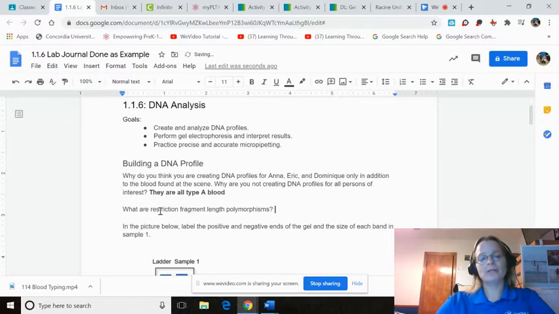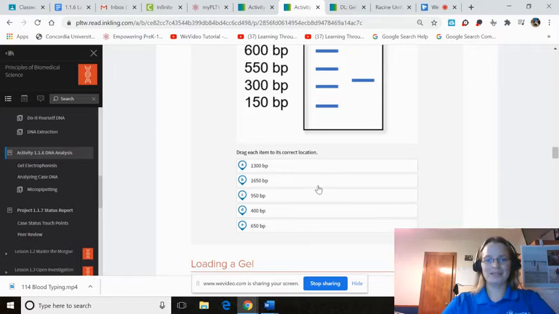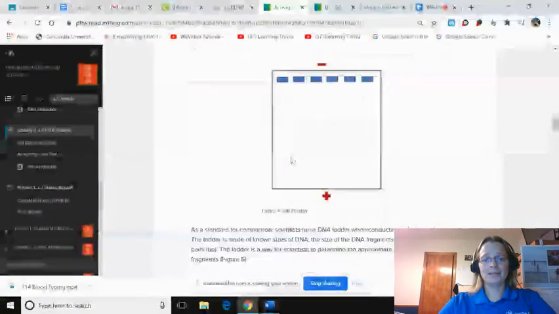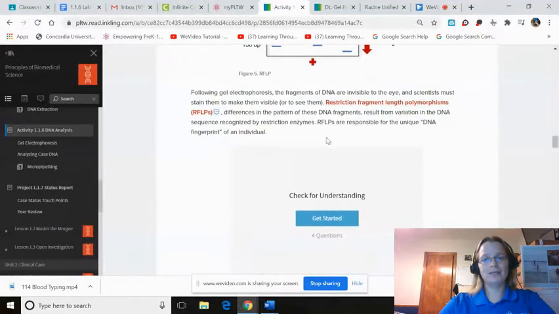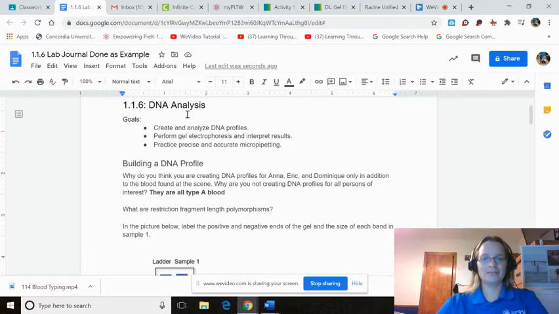So the next question we need to answer, what are restriction fragment length polymorphisms? Ooh, fun to say, even more fun to learn about. So if we look, if we scroll down and down and down, here it is. Variations in DNA fragment sizes. So I'm going to type that.